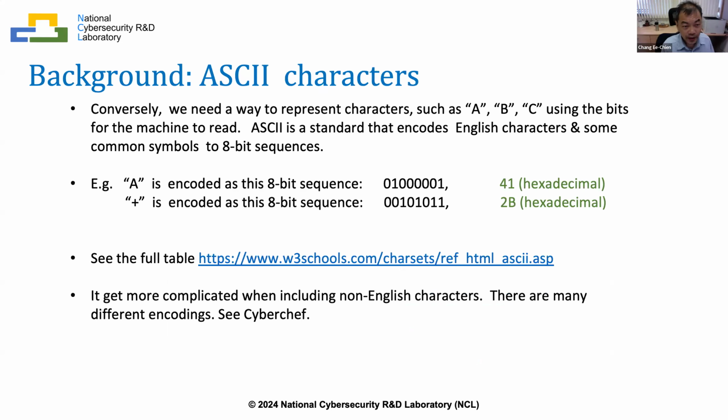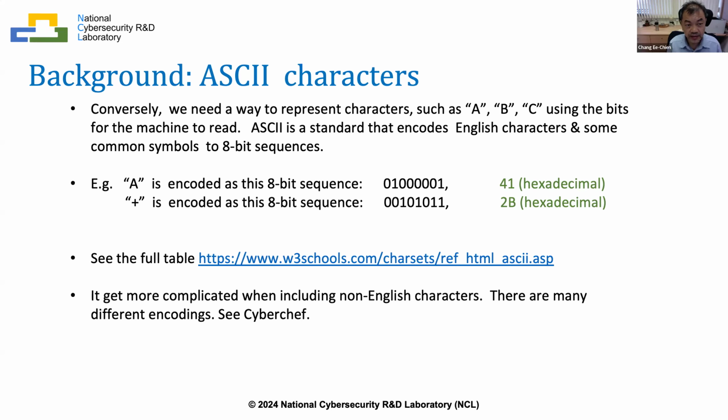Likewise, the other way around. Suppose you have characters A, B, C. We have to represent them in binary form so that the computer can store them, right? The computer handles binary. So suppose we have a character A, B, C, or an equal sign, question mark sign. One way to do it is to use a standard called ASCII.